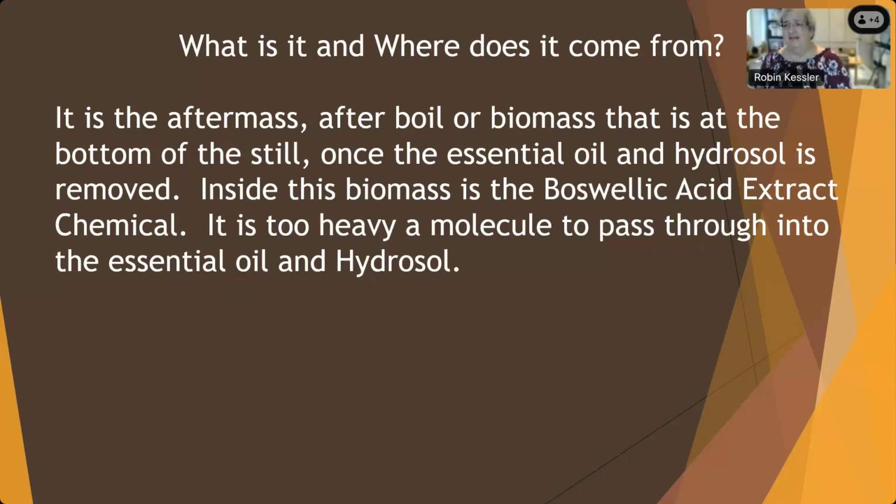This is a heavy gook that sits on the bottom of the still, and all the Boswellic acid is in it because it's too heavy a molecule to pass through the essential oil and the hydrosol. So it's not in the essential oil, it's not in the hydrosol, and even when they do a CO2 solvent, it's not in the CO2.